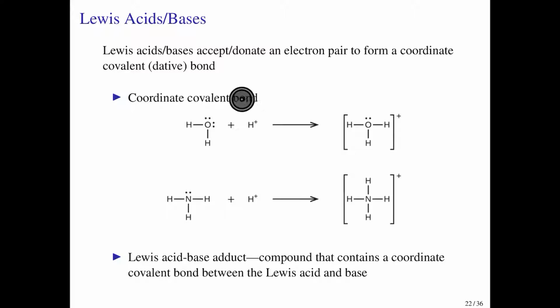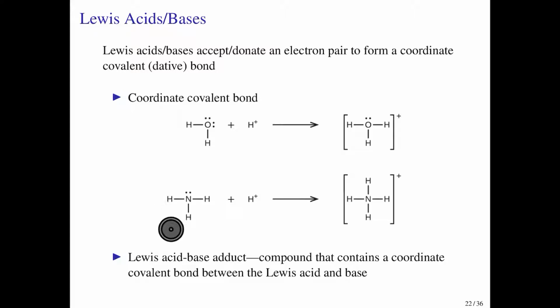What happens here is that the base, water in this case, donates an electron pair to the H plus, forming a third OH bond, and the acid accepts the electron pair. So the electron pair donor is the base, the electron pair acceptor is the acid.